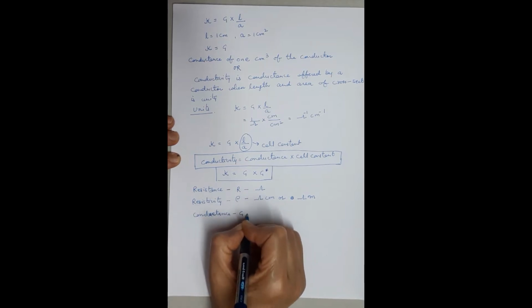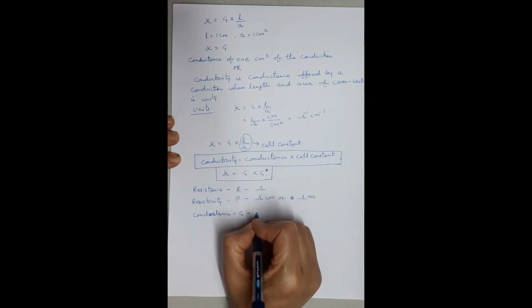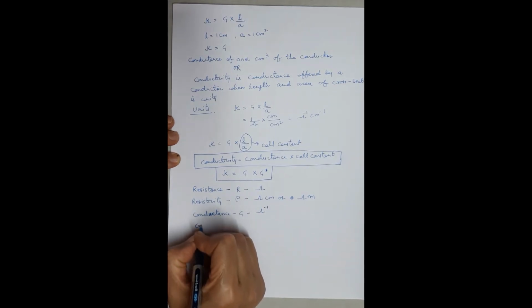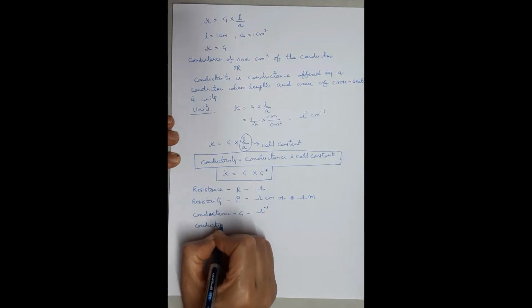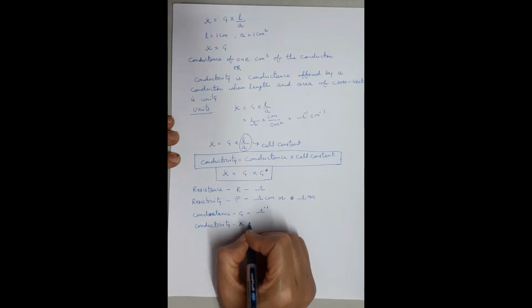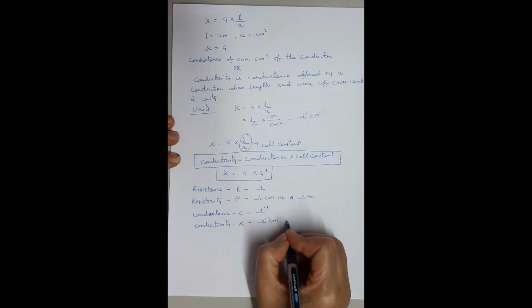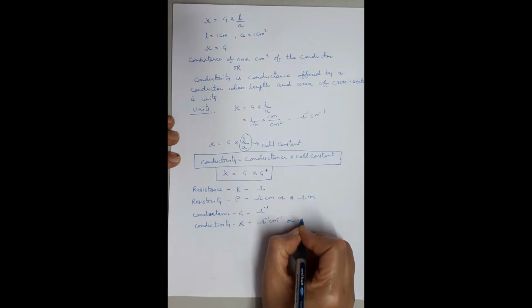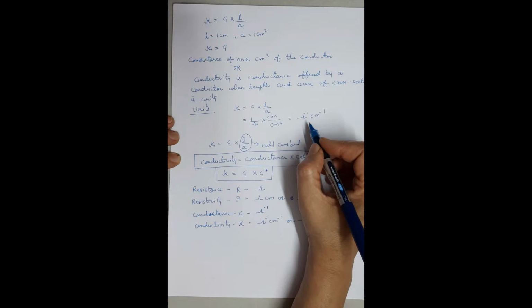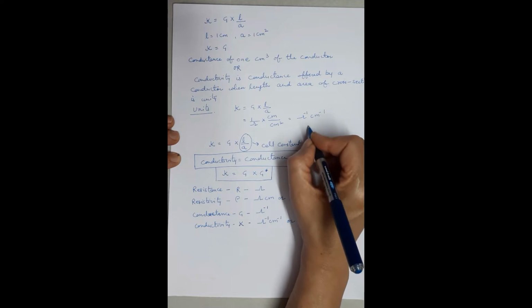It is represented by G and its units are 1 upon ohm, that is ohm inverse. Then we have done conductivity. It is written by kappa and its units are ohm inverse centimeter inverse, or ohm inverse meter inverse. And in this case, how will you convert ohm inverse centimeter inverse to ohm inverse meter inverse? Just check.